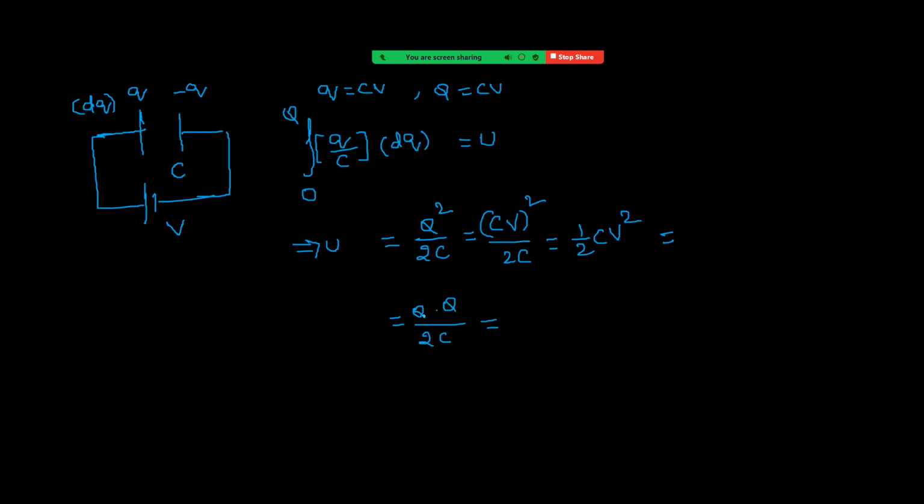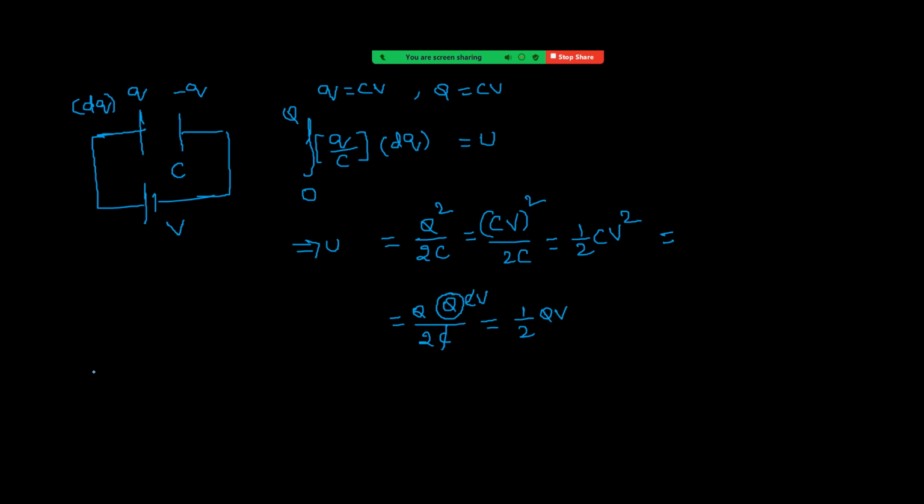In the place of Q, I can write C into V, right? In the place of Q writing C into V, C gets cancelled. It is equal to half QV. So either in terms of Q and C, or in terms of C and V, half CV square, or in terms of charge and potential difference. This is the energy stored between the plates of the capacitor.